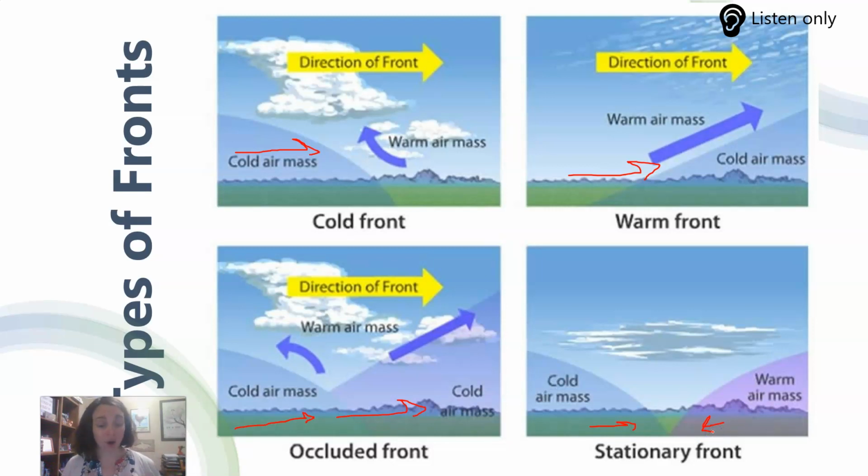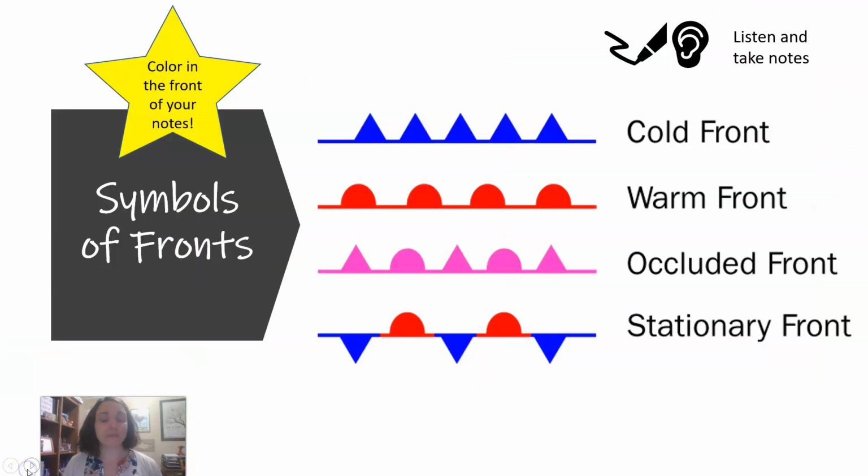All of them are the interaction between a cold and a warm air mass. Obviously, the direction that they're moving and how quickly they're moving and other factors will affect which one you get, and that will affect the type of weather that you get.